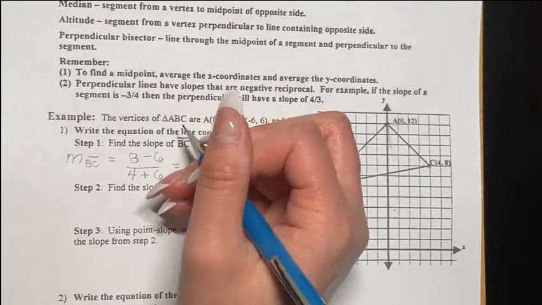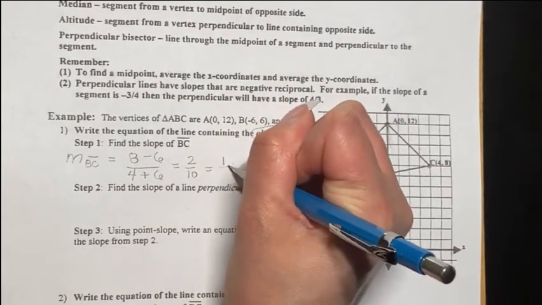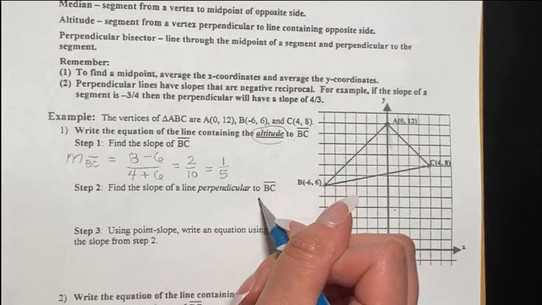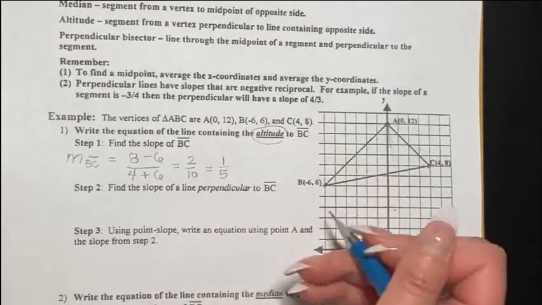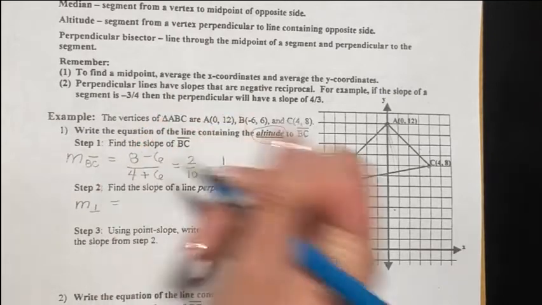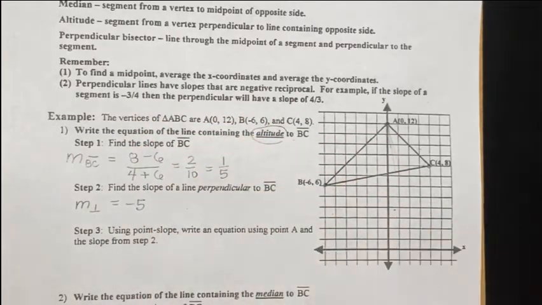This is equal to 2/10, which we can simplify as 1/5. Since we want the slope of the perpendicular to segment BC, we take the negative reciprocal: flip it and make it negative, so this is going to be -5.